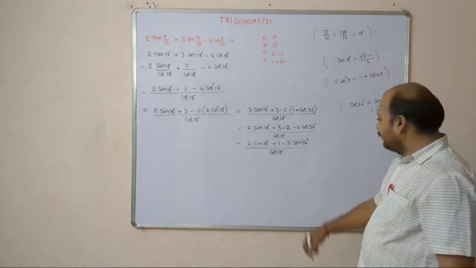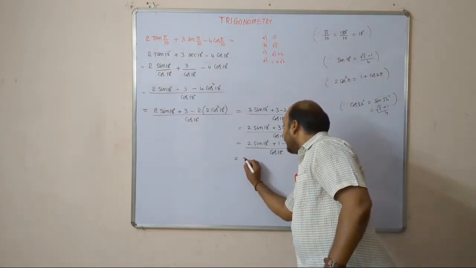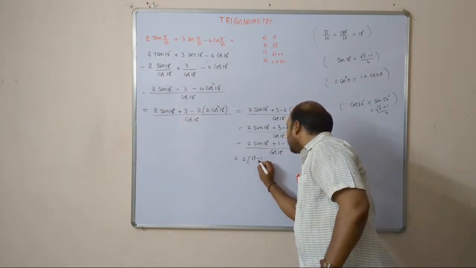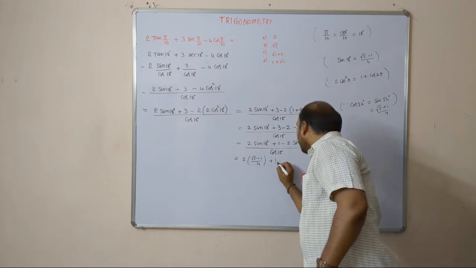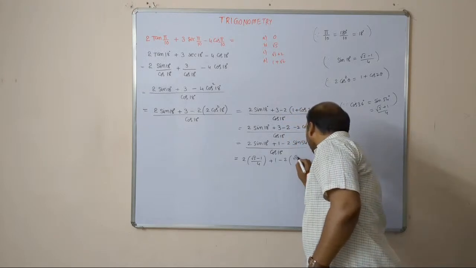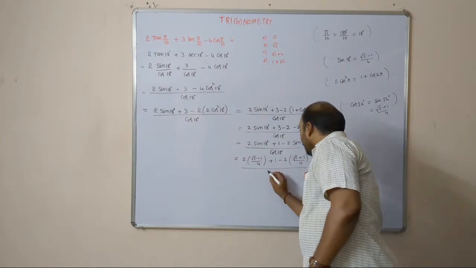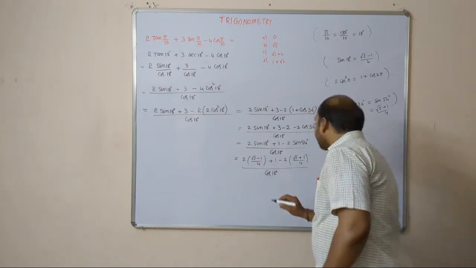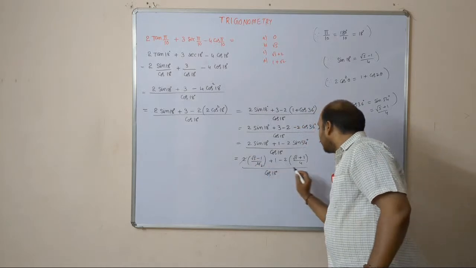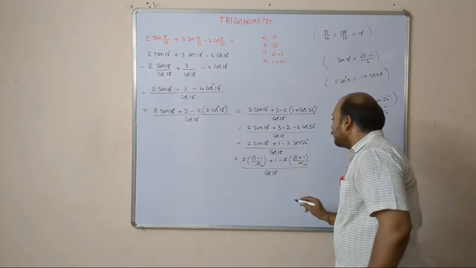Sine 54 degrees and cos 36 both are equal to root 5 plus 1 by 4, that value. So in the numerator: 2 times of root 5 minus 1 by 4, plus 1, minus 2 times of root 5 plus 1 by 4, divided by cos 18. Here 2 ones are 2's, here 2 ones are 2's.